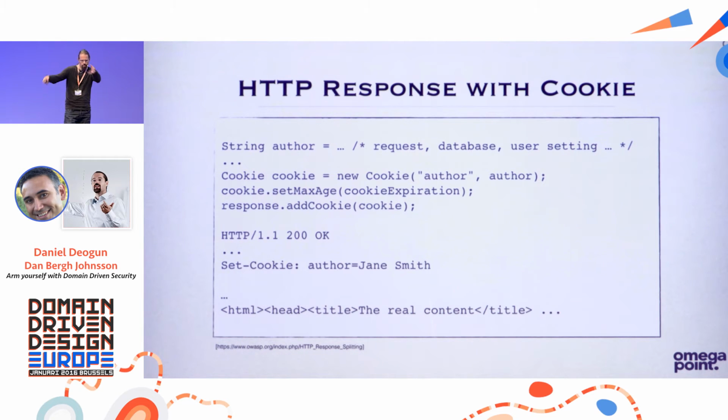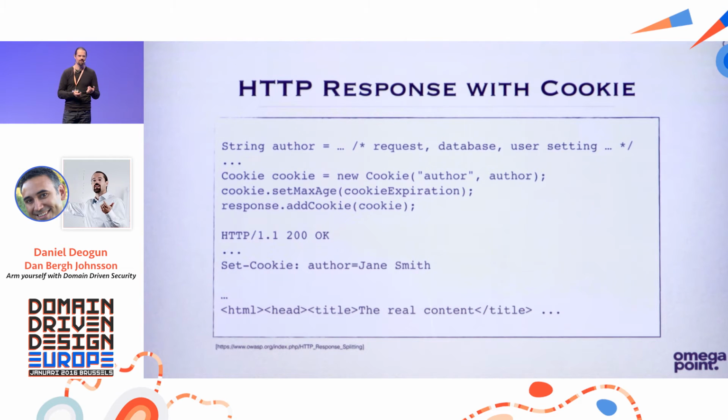The system picks up that, well, this user is interested in Jane Smith. So the author value is rendered on this part of the set cookie, which is in the HTTP header as defined by the specification. Fair enough? Okay, someone see a problem?